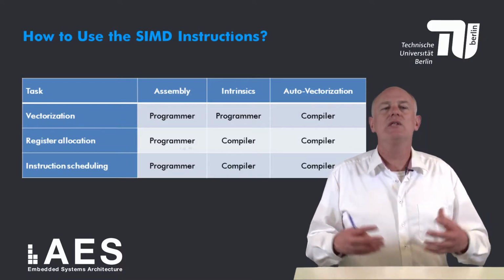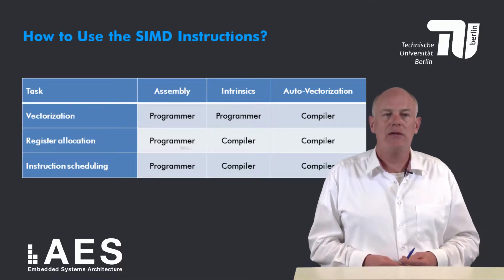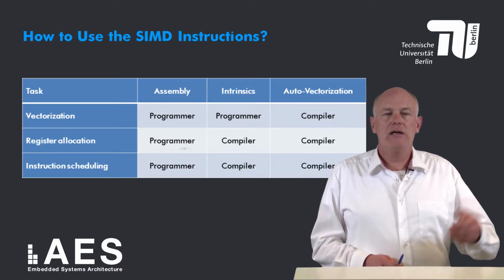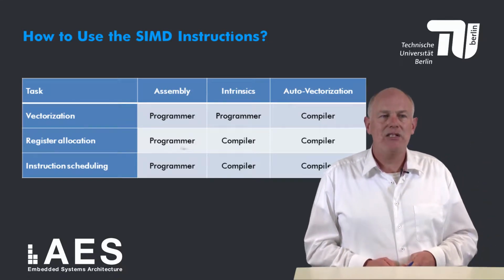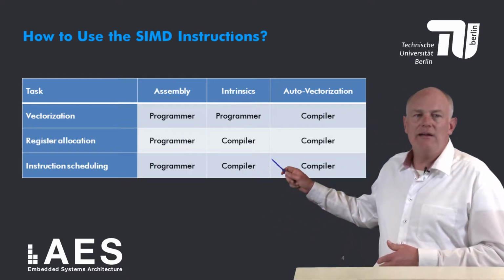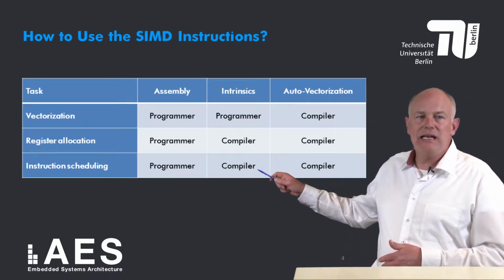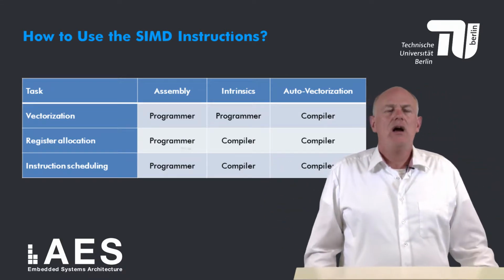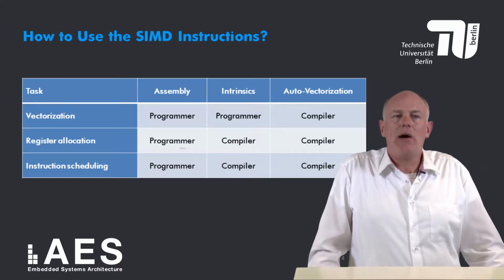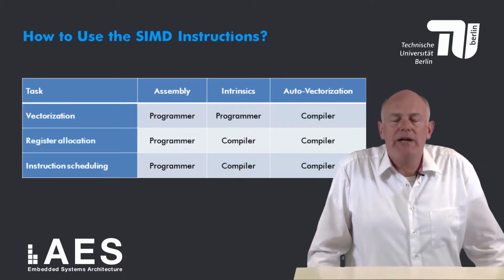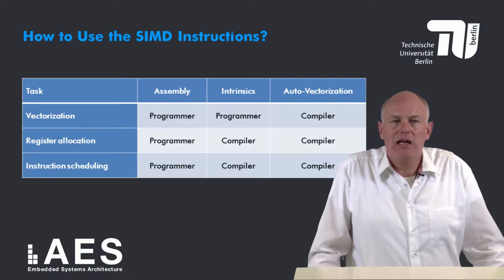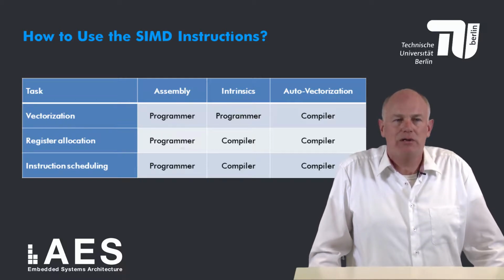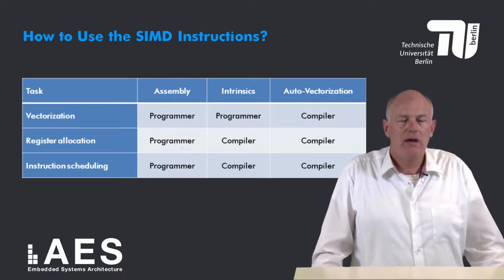Do they point to the same memory area or not? Or there are many reasons actually. On the other hand, register allocation and instruction scheduling, at these tasks a compiler is very good, much better actually than even expert human programmers.